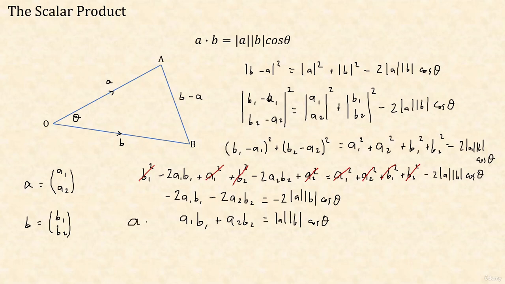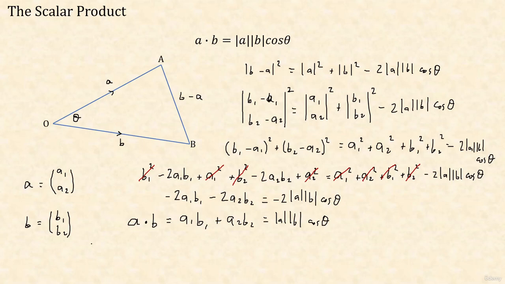And what I've now demonstrated is that if you have two vectors a and b, their dot product, which is mod a mod b cos theta, is also worked out by simply multiplying their i values, multiplying their j values, and adding up. And if it had been a three-dimensional vector, it simply would have been the product of their i values plus the product of their j values plus the product of their k values.